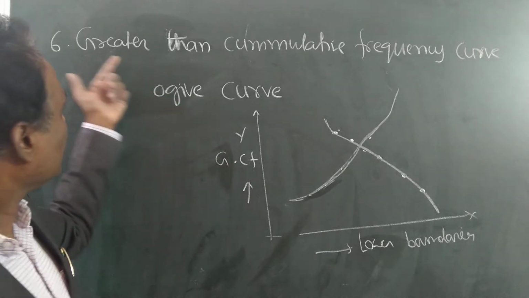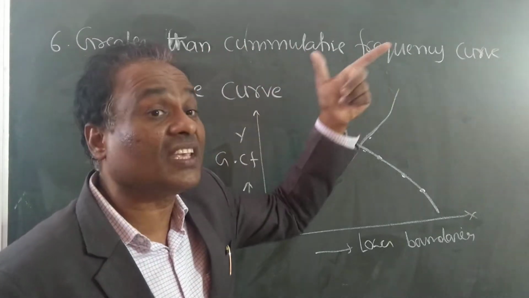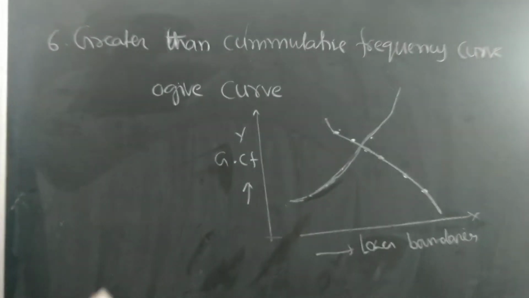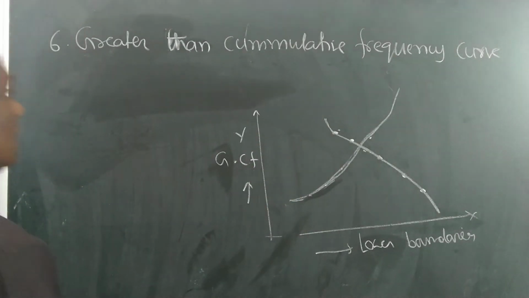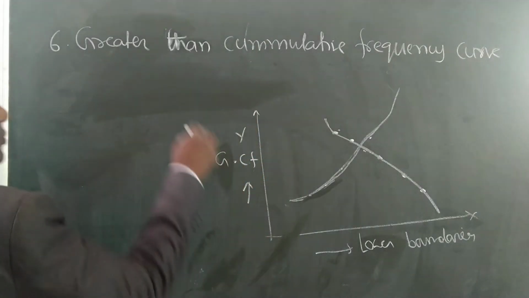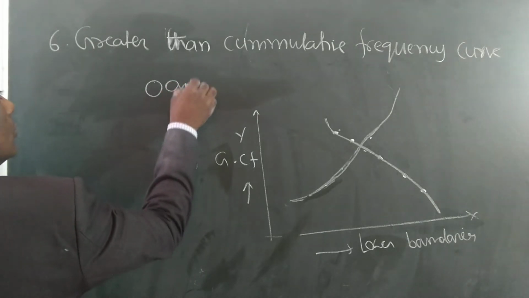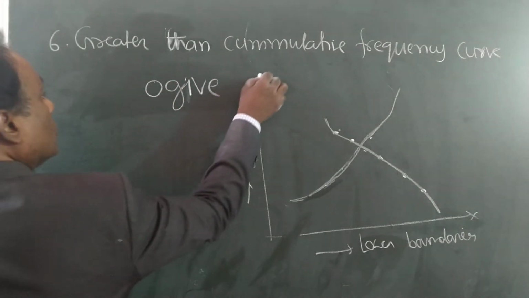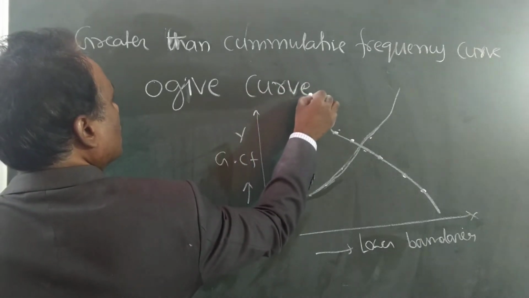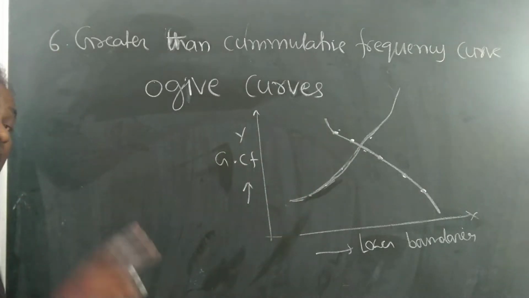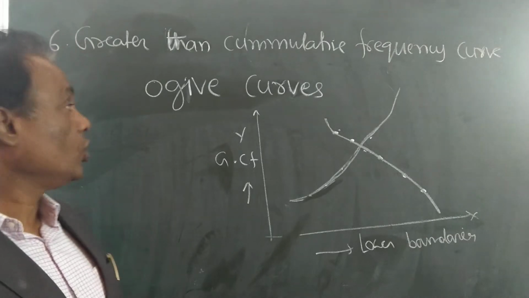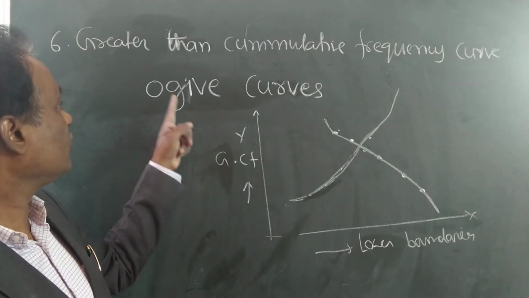Write that down also: these cumulative frequency curves are also called ogive curves, O-G-I-V-E.